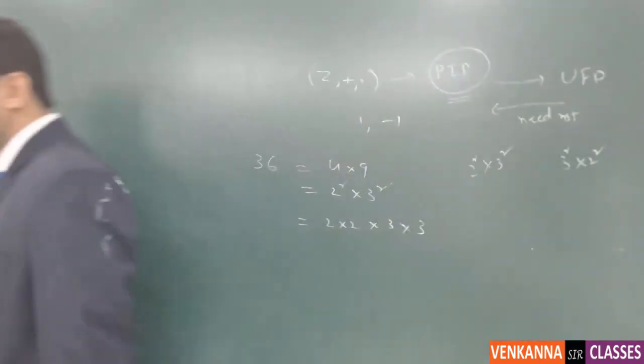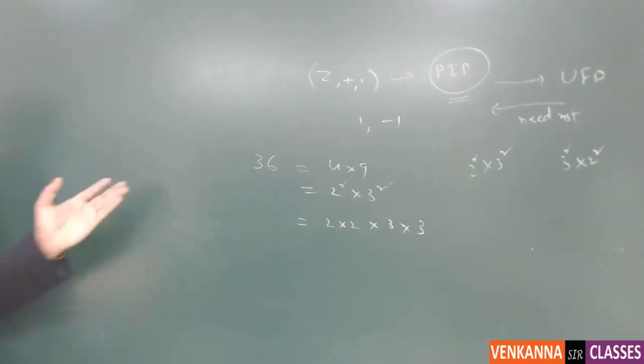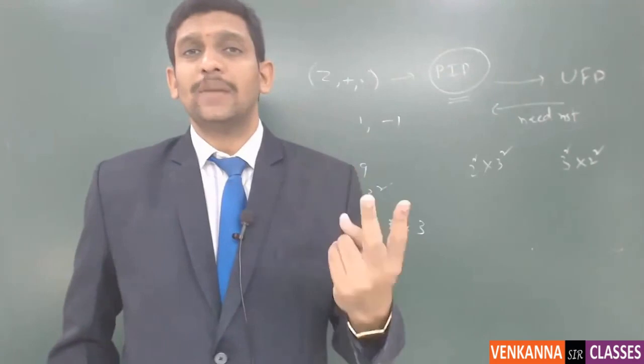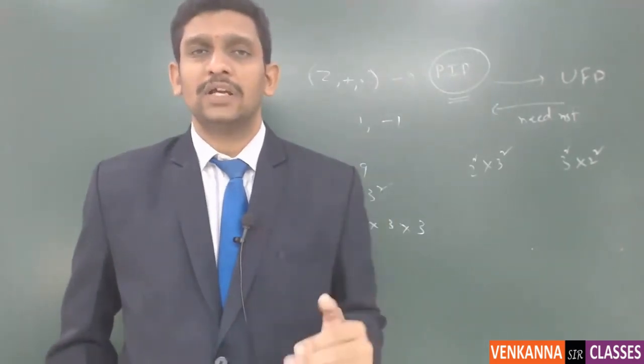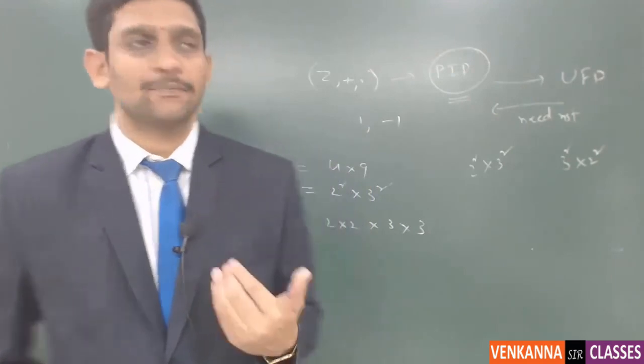UFD need not be a PID. That we can understand here. So since we are talking about factorizations, whenever you take any two elements in a UFD, we can find the GCD as well as the LCM for them.